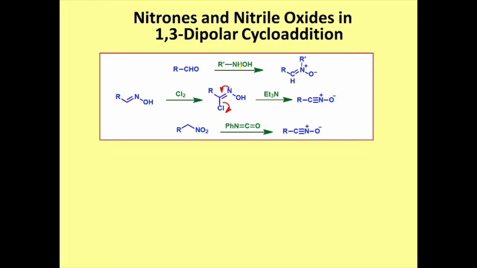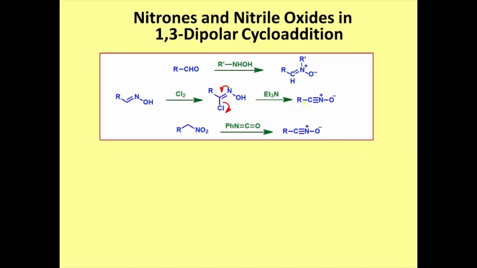Instead of this hydroxylamine, if we use an N-alkyl or N-substituted hydroxylamine, we will end up with the nitrones, which can be very useful 1,3-dipoles. If we use simple hydroxylamine, then we end up with the oxime derivative, and from the oxime derivative the pathway shown can lead to the nitrile oxide.